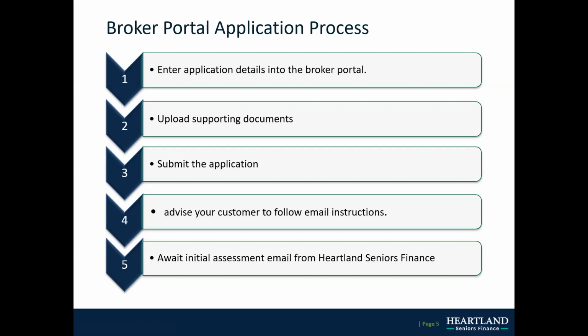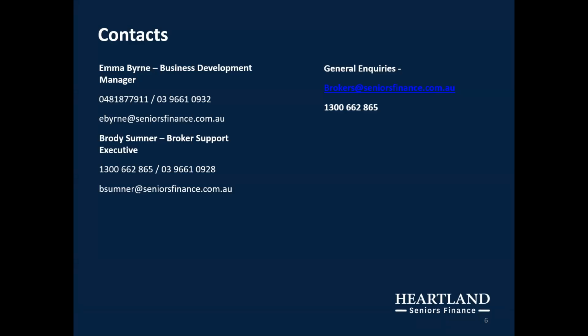Submit the application, and as soon as you've submitted it, make sure that you advise your customer to check their email, follow that link and confirm. From there, you will just need to await the initial assessment email from us at Heartland Seniors Finance, and we will be able to finalize your application.